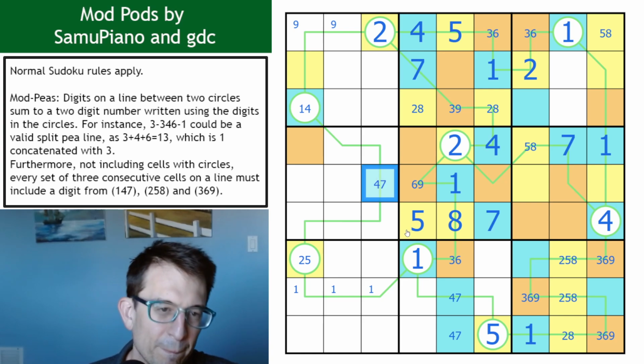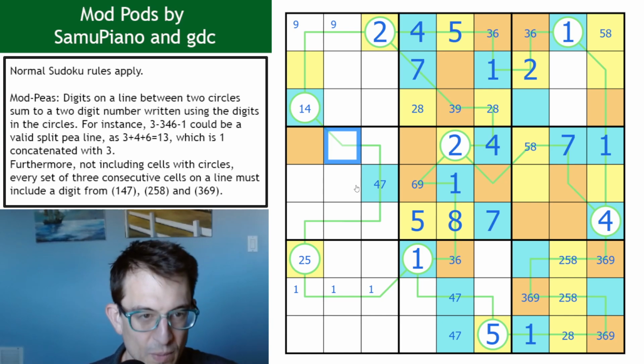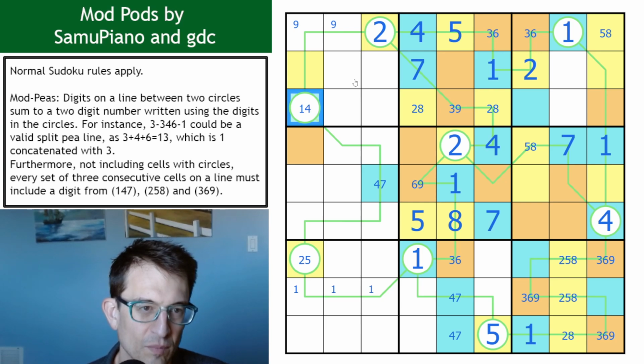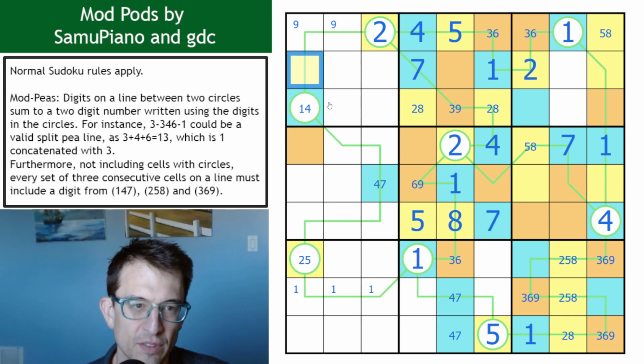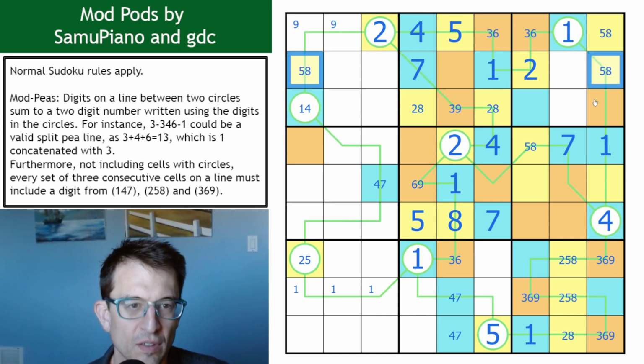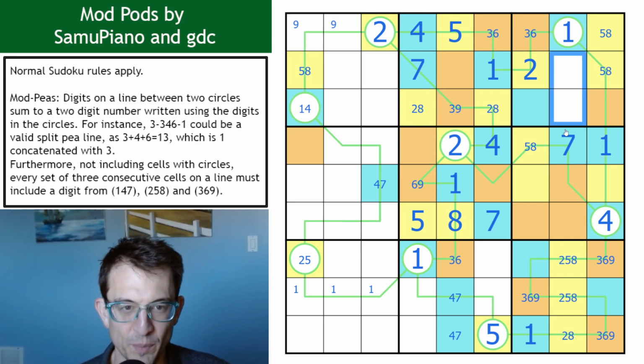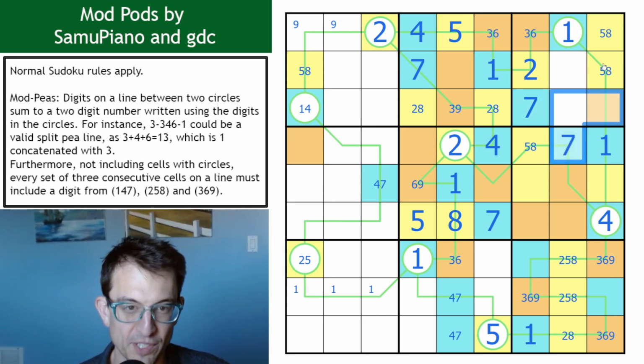How about this one? Because so this is 5 or 8. If this is a 4, we get 8, 7, 9. Hold on, 7 looks up here, so this blue is 7. Like, where's the 7 in this box?